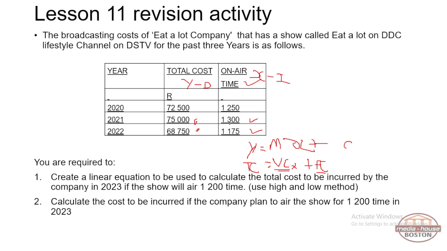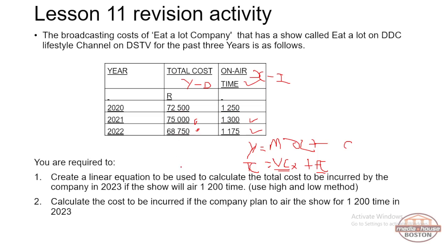If we check here, from 1,175 to 1,200 and the other one which is 1,250, the lowest cost is 68,750, and the one above 1,200 times, at 1,250, is 72,500.